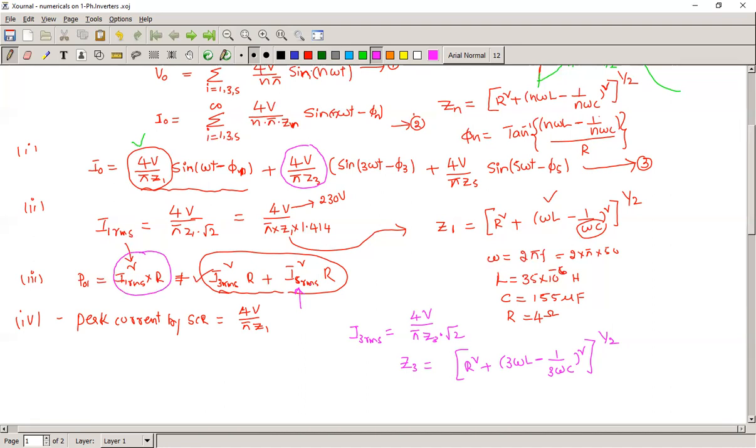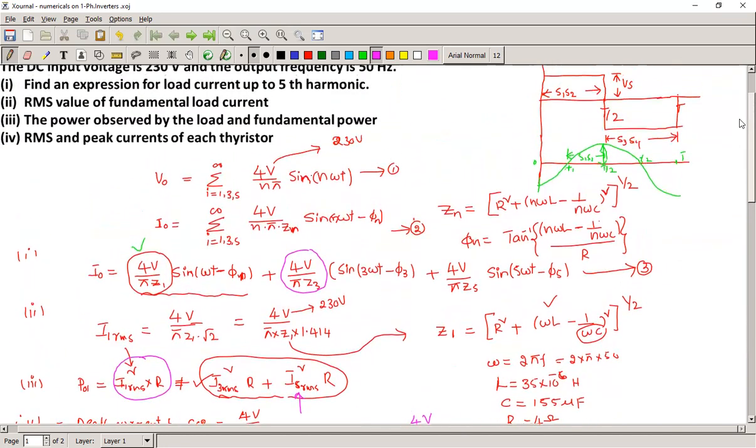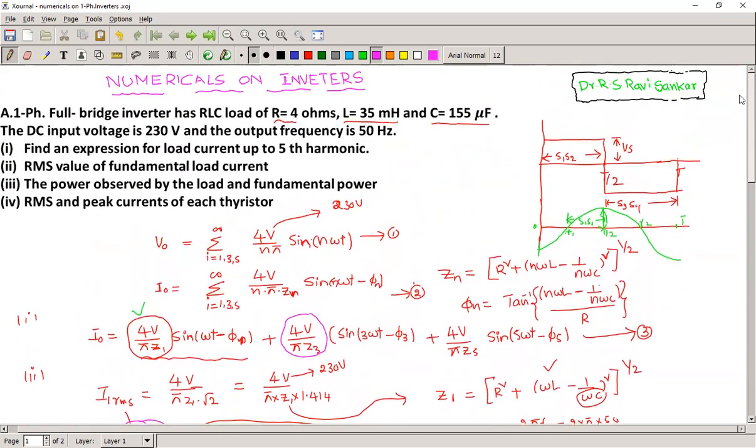So due to the harmonics also, heat is produced across the resistance, so we are considering these two components also. The sum of all these components represents the power taken by the load. This is the numerical based on the single phase full bridge inverter, completed.